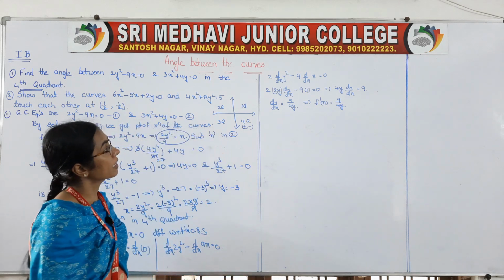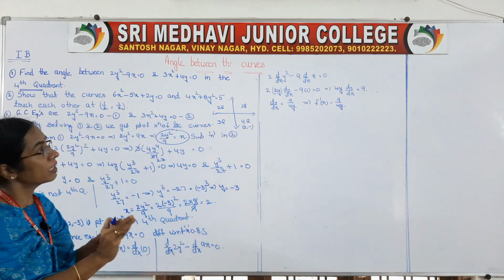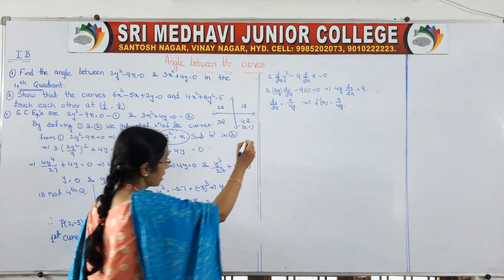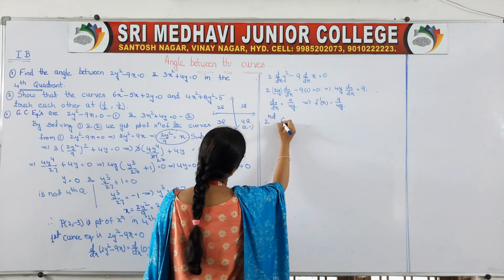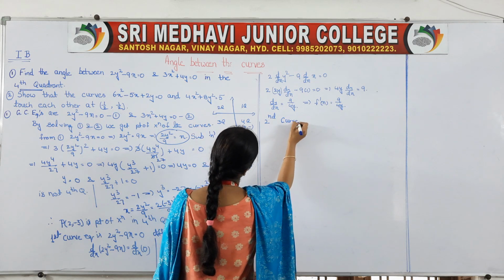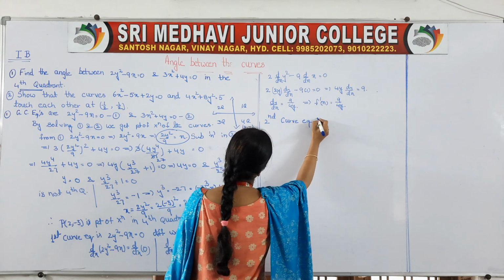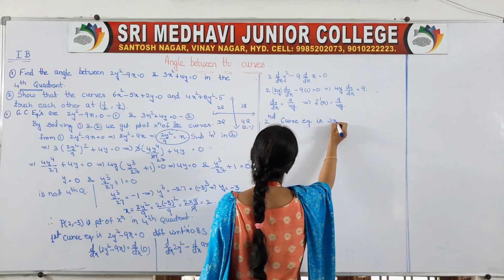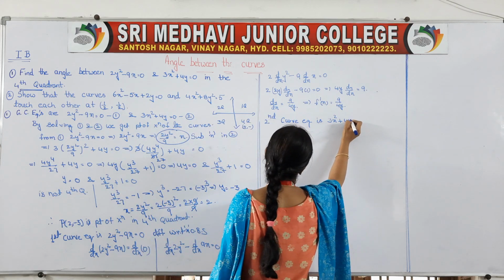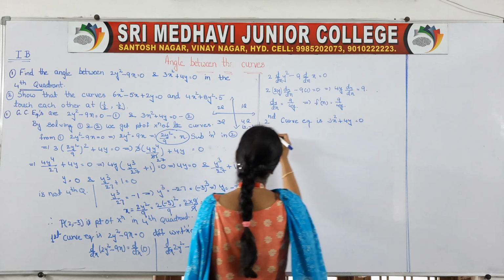Next you take another curve equation. What is the second curve equation? Another curve means nothing but the second curve equation. It is 3x square plus 4y is equal to 0.